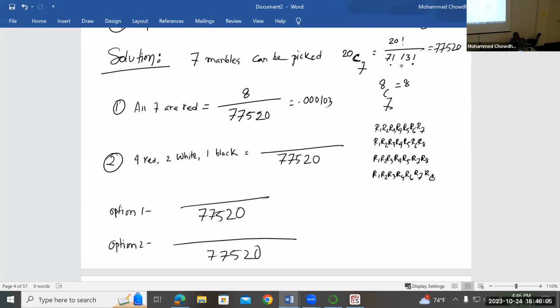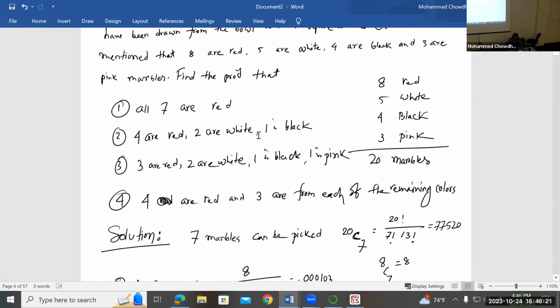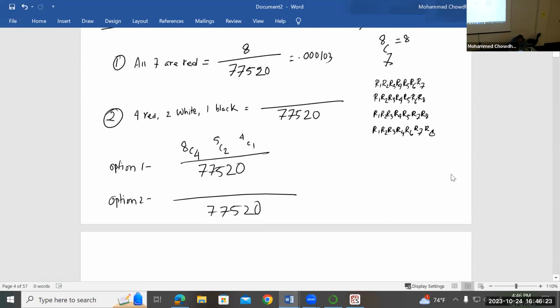So there are 8 choose 4, right? 5 choose 2. 4 choose 1. So there are 4 black, right? Okay, now I want to write here 8 choose 4, 5 choose 2, 4 choose 1.